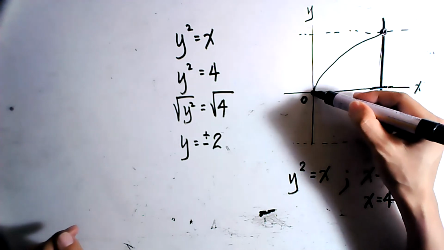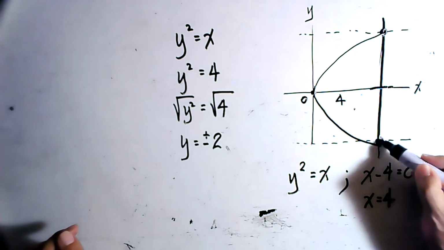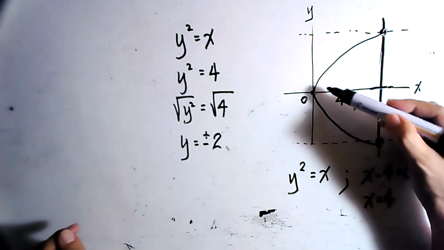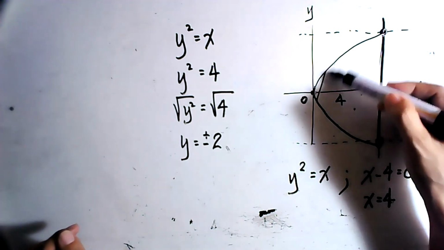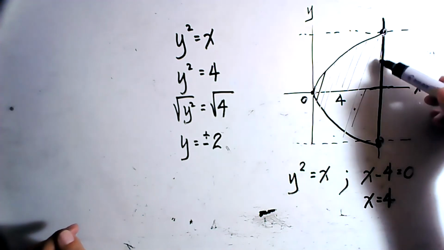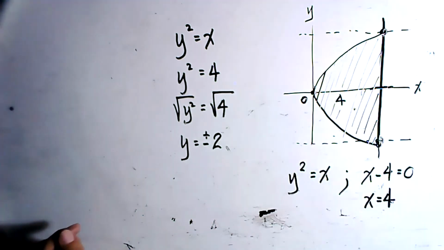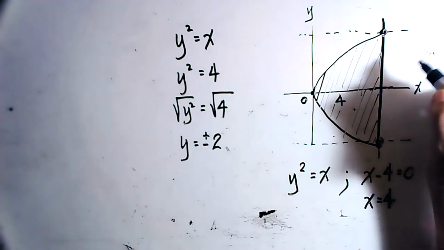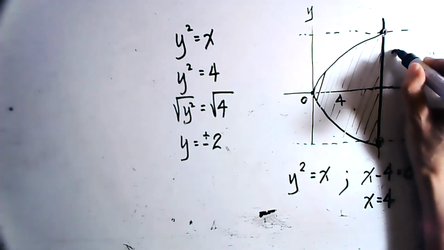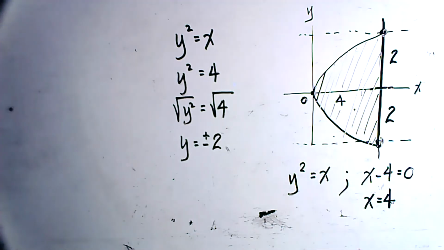I'm not using a scale here, but this is somewhat similar to the figure that we can draw given the condition for the plane areas here. So that means either positive or negative 2. So this is 2 units and this is also 2 units.